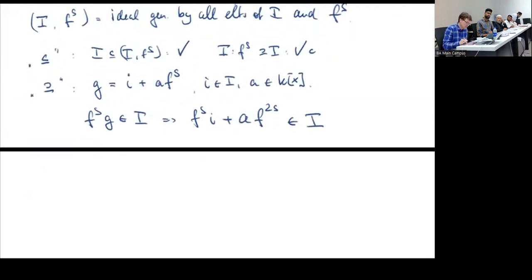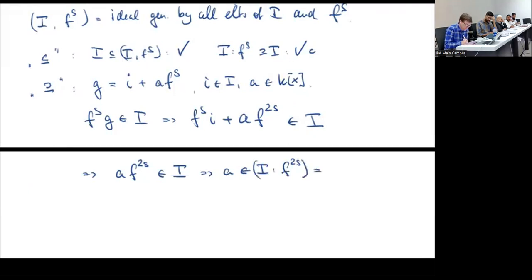So it follows that A times F to the 2S is in I. And here comes now the saturation property. If I multiply A by F to the 2S, I land in I, but this means I can already multiply it by F to the S and land in I. So that means A is in I colon F to the 2S, but the chain has already stabilized.